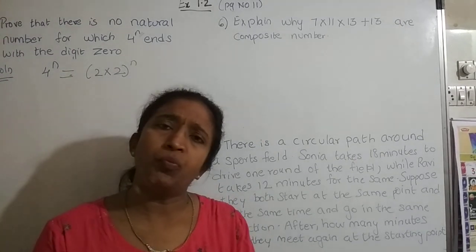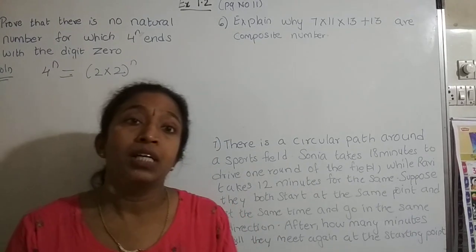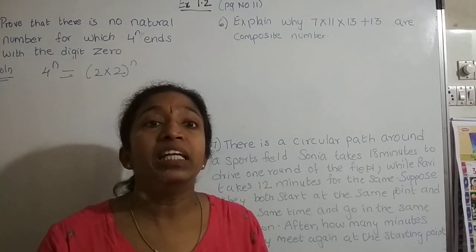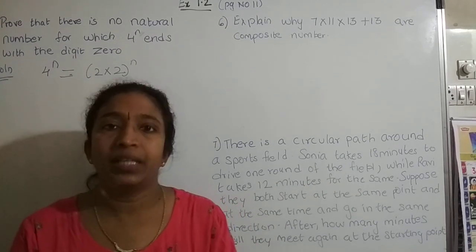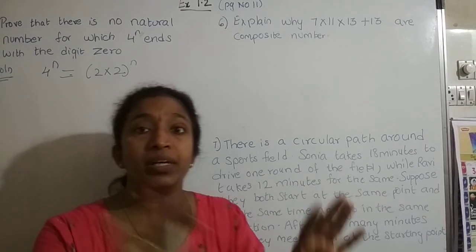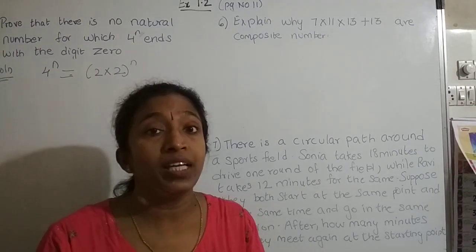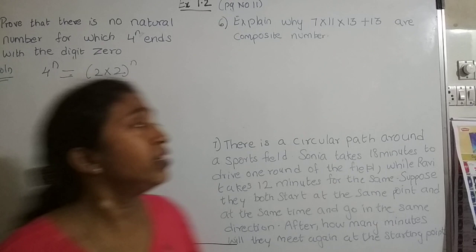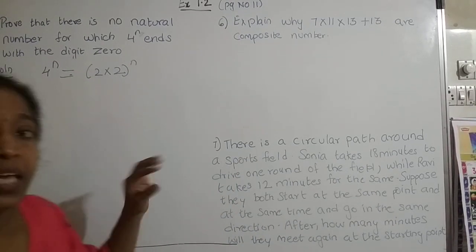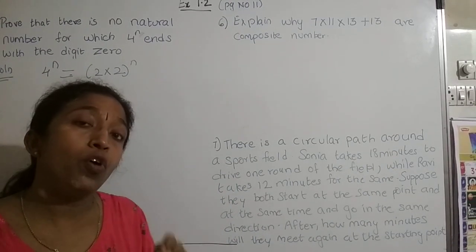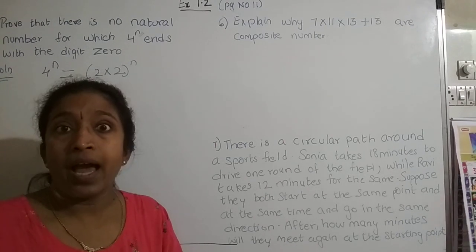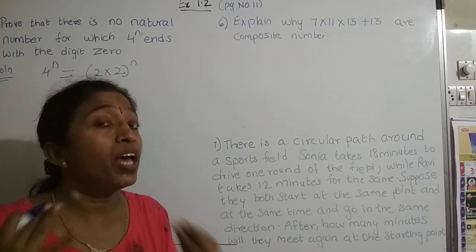How can we say that 2 is the only prime factor? By the fundamental theorem of arithmetic. So here you have to write that, and mention what the fundamental theorem of arithmetic says: every composite number can be expressed as a product of primes in a unique way, and except for the order, you cannot have any other primes.